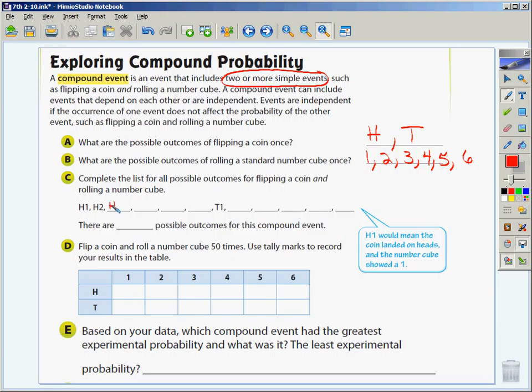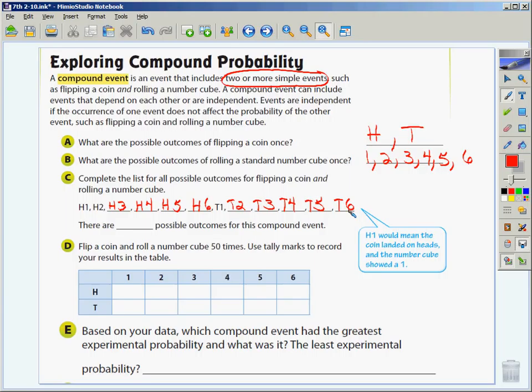Heads 3, heads 4, heads 5, heads 6. Then they went T1, so tails 1, tails 2, tails 3, tails 4, tails 5, tails 6.